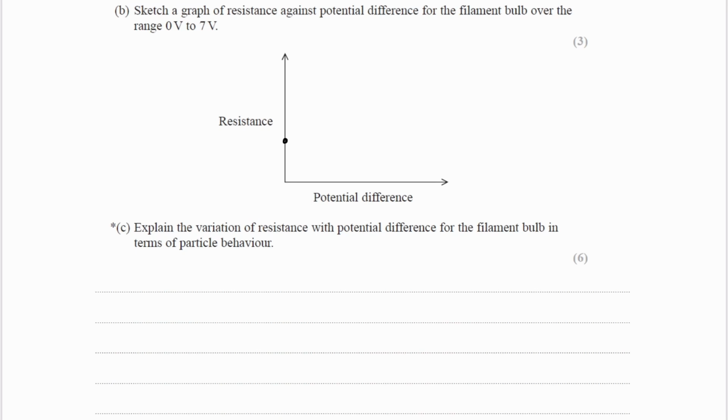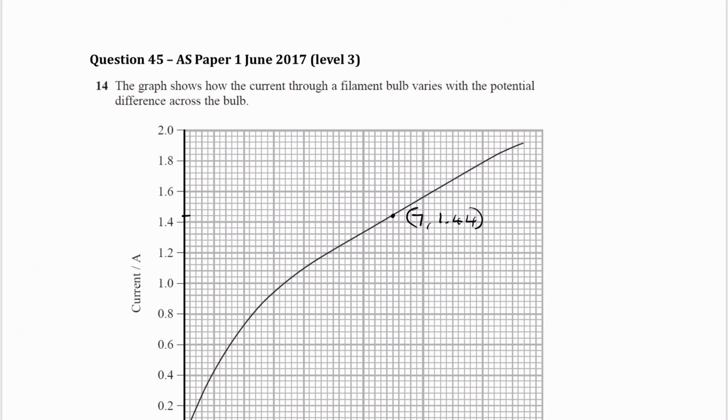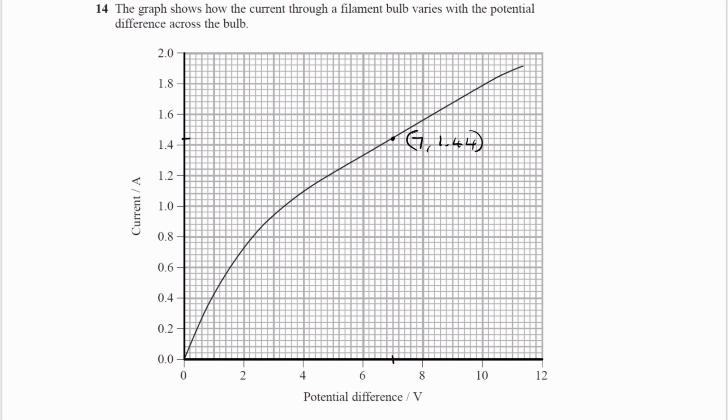So let's have a look at the graph and then have a think about how the resistance changes over different voltage values. So let's pick equal intervals of voltage. Let's consider the values 1 volt and 4 volts, and then we already have 7 volts. I've picked those values because there's an equal jump of 3 volts in between them.